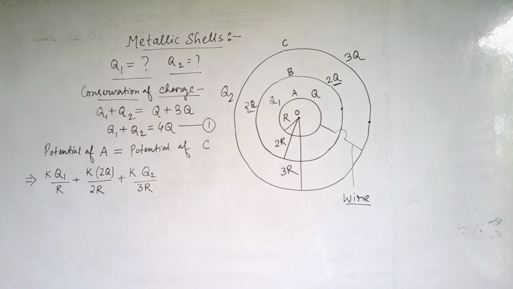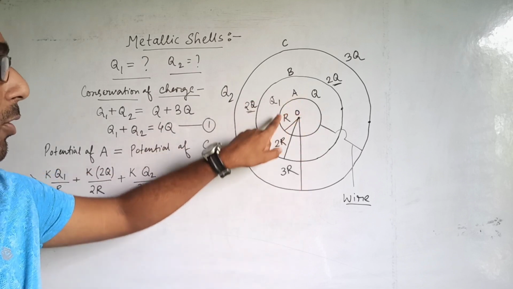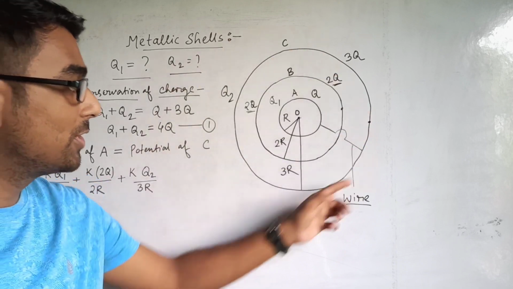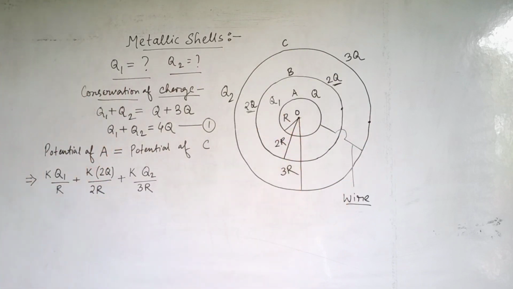Q2 by 3R, because the point A or the shell A lies inside the hollow shell, so the potential on the surface and inside the surface will be same.